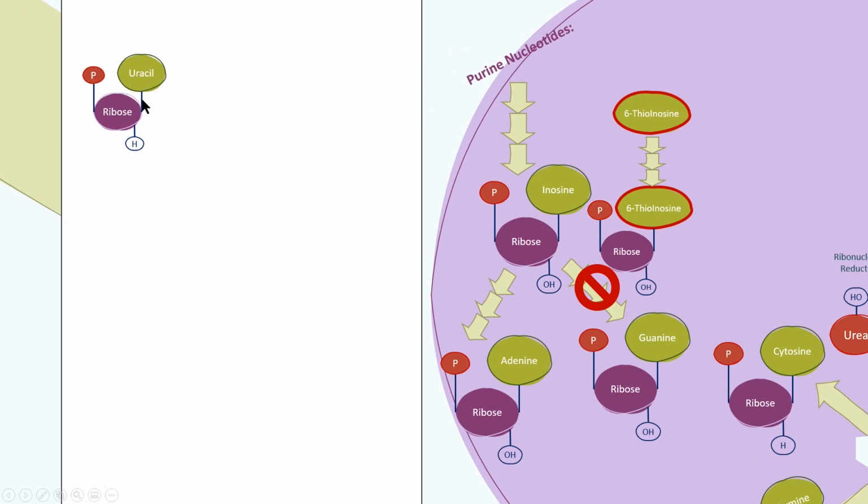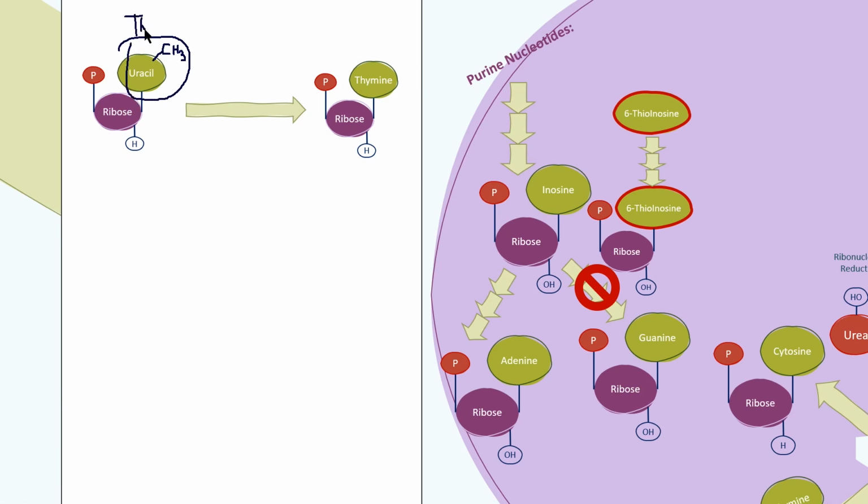The only difference between this uracil nucleotide base and thiamine nucleotide base is the presence of CH3, a methyl group. If we add this methyl group on uracil, it will become thiamine.